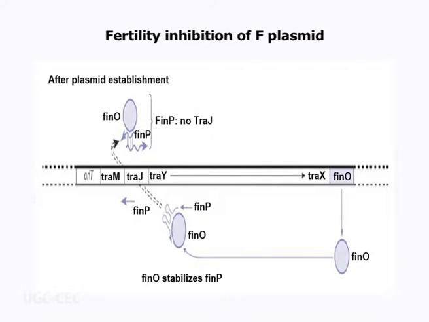This antisense mRNA can hybridize with the mRNA that is synthesized from P-TraJ. So the TraJ mRNA which is getting synthesized will be prevented by the action of FinP. But the unfortunate thing is that this FinP mRNA and TraJ mRNA complex is not stable enough.